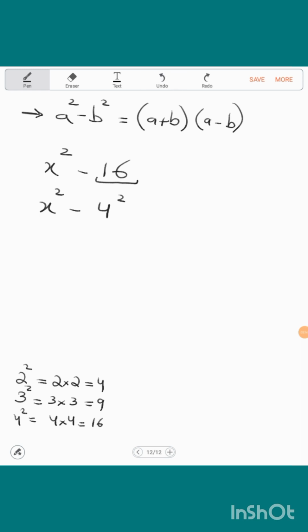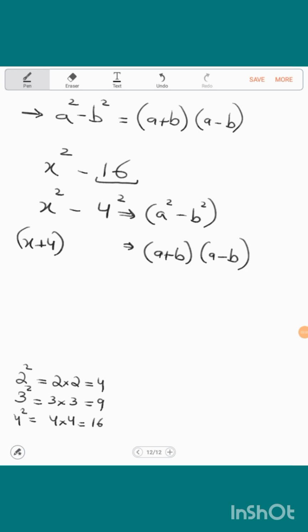So now this thing is kind of like a square minus b square, right? Now you are going to expand this x square minus 4 square into a plus b and a minus b, which means that the first factor is going to be x plus 4 and the other factor is going to be x minus 4.